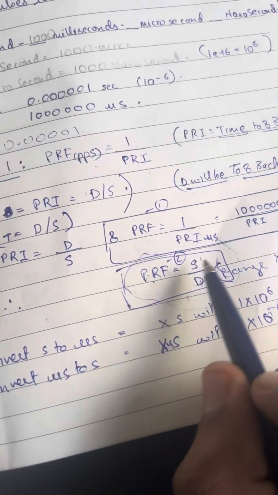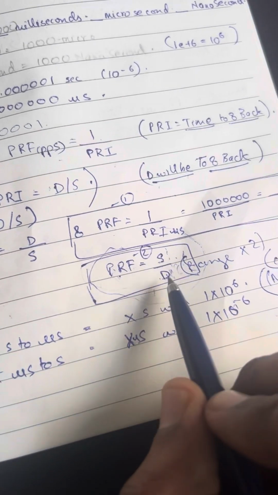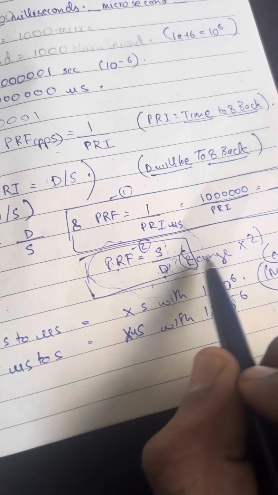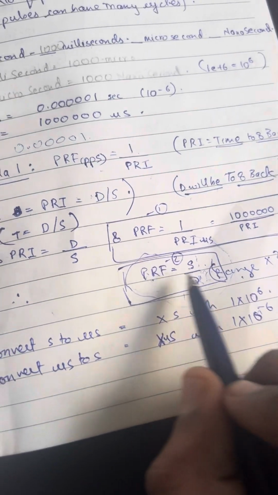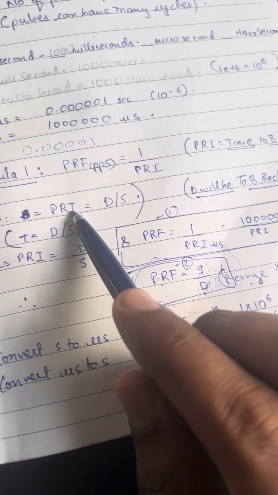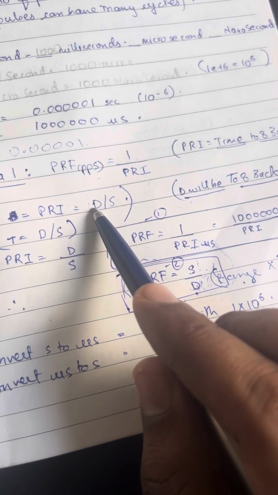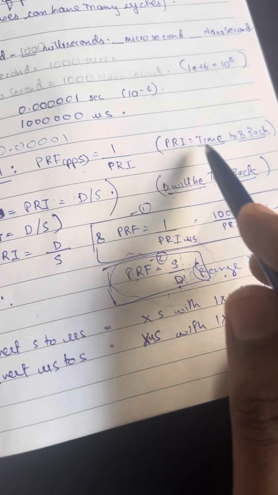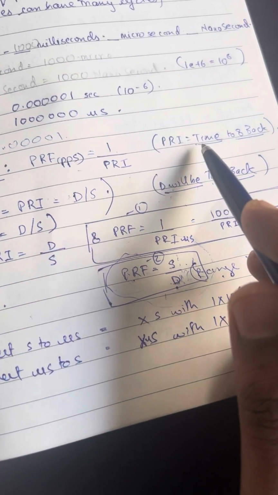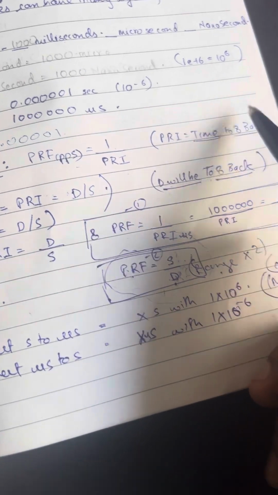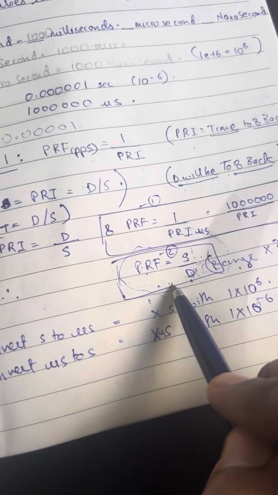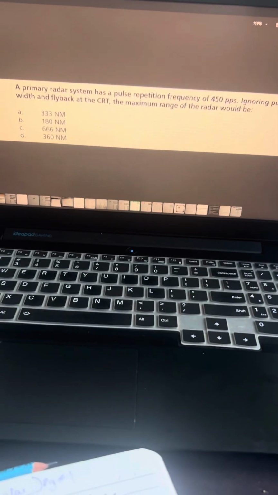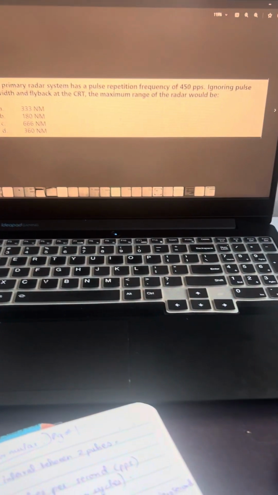Just remember in this formula the range is always double, because this formula comes from the PRI formula. In PRI the distance is always double, because the PRI interval time is the time taken to go and come back. So this is the formula that we need to use for questions like this, where PRF is given to you and you need to find out range.